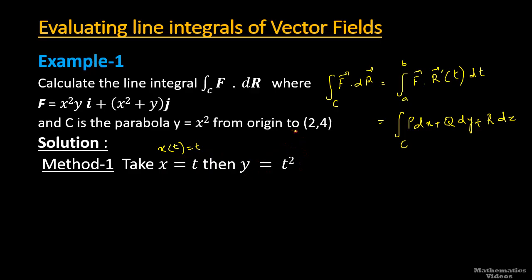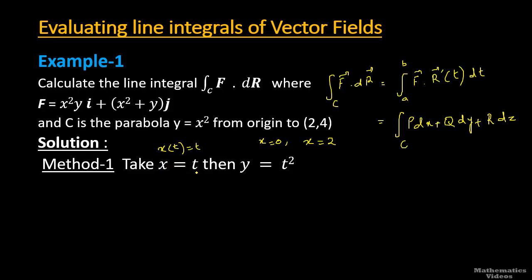Since x varies from 0 to 2, because we have taken the piece of this parabola starting from the origin and ending at the point (2, 4). At the origin the value of x is 0, and at this point (2, 4) x is equal to 2. So it means that in this curve x varies from 0 to 2, and since x is equal to t, t also varies from 0 to 2.